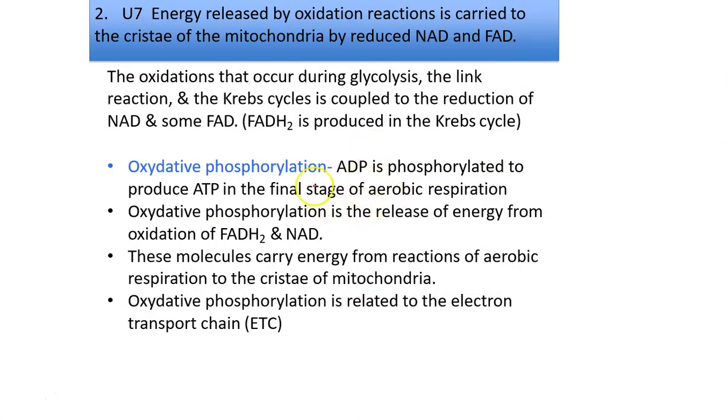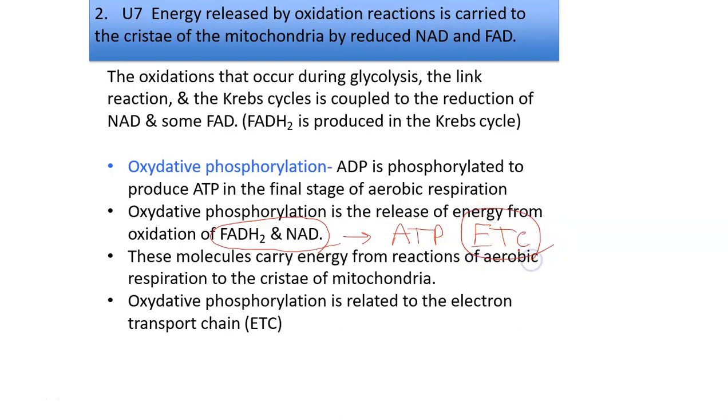The rest of the explanation related to NAD and FAD is talking about oxidation and reduction and the role of NAD and FADH2. These are molecules which will transfer their energy in the form of ATP in the electron transport chain.